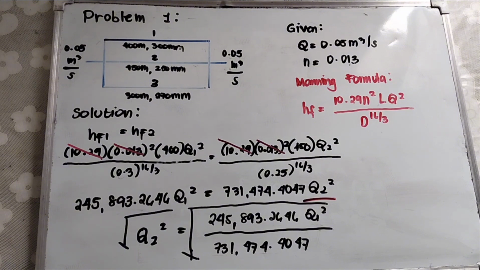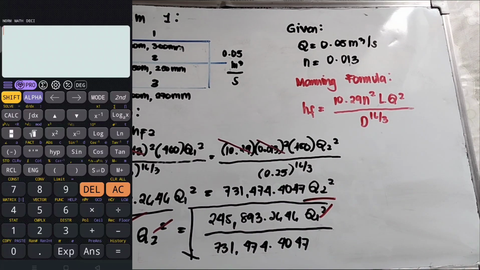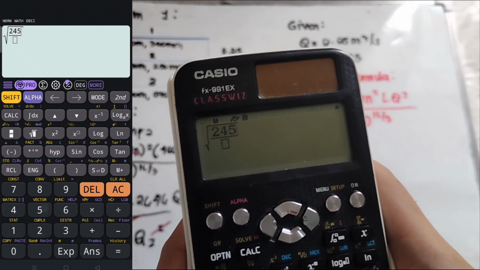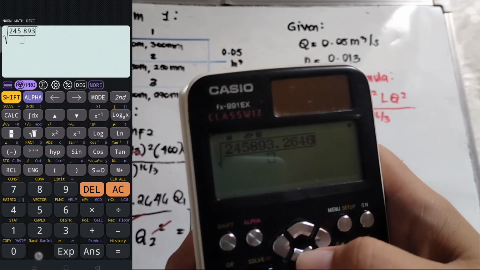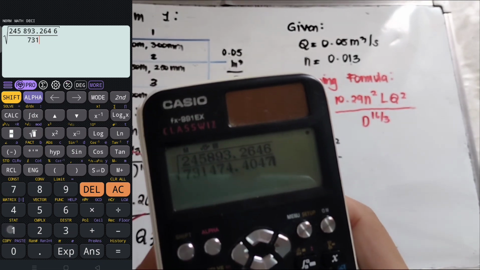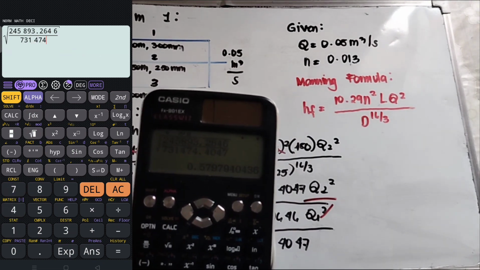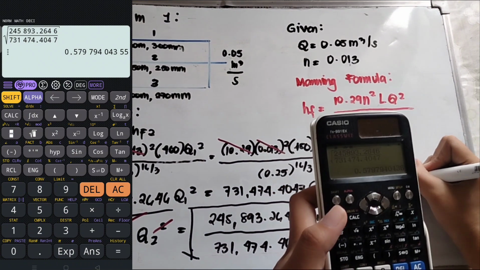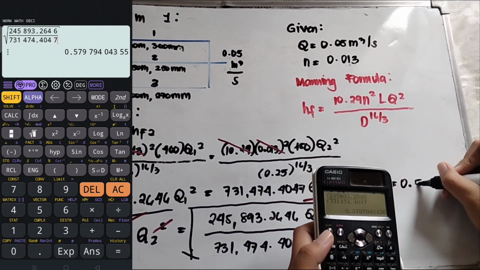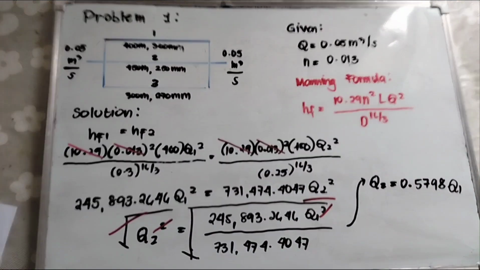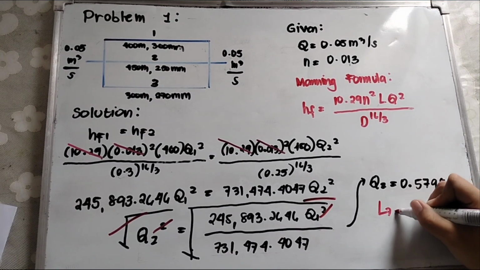So, we'll have an equation of Q sub 2 is equal to the square root of 245,893.2646 over 731,474.4047 times Q sub 1, in which we came up with Q sub 2 is equal to 0.57979 Q sub 1. And that is our first equation.